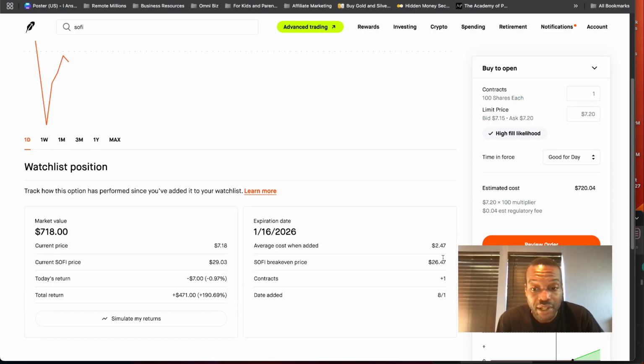Okay, so I bought this on the first of last month, and then this would have been a little bit less. So $247, so not 260. It would have been $247, and it would have been 191% gain for $473. And this expiration is even further than November.